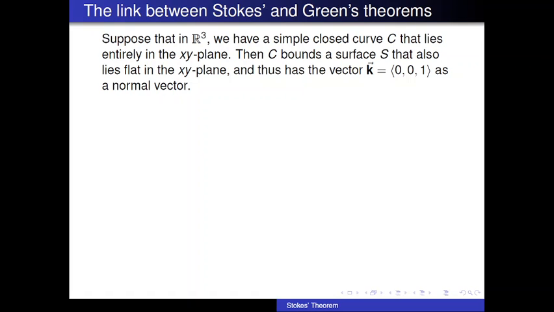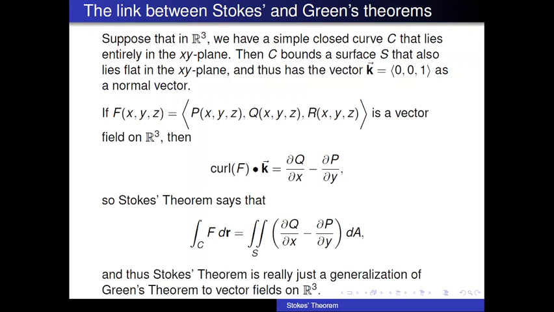And so if we have a surface lying flat in the xy plane, then we can always pick the direction vector k that goes 1 in the z direction. That will always be a normal vector. So in fact, that vector put down at every single point of our surface gives us a normal vector field to the surface.